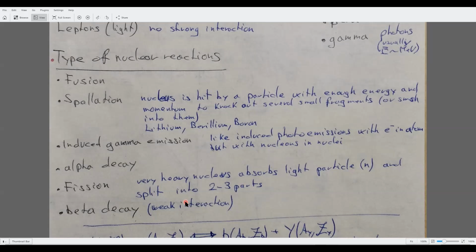Usually the mean time for beta decay of a free neutron is like 1,000 to 2,000 seconds, if I remember well. Inside a nucleus neutrons are really stable because of the interaction with the others, but if there are too many neutrons they will decay, emitting an electron and leaving a proton inside.